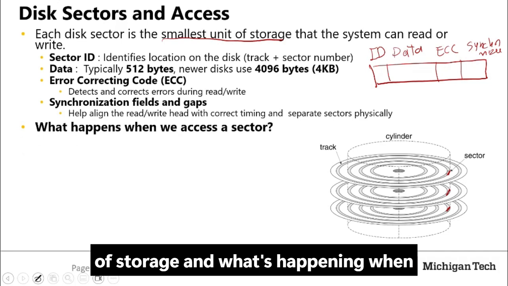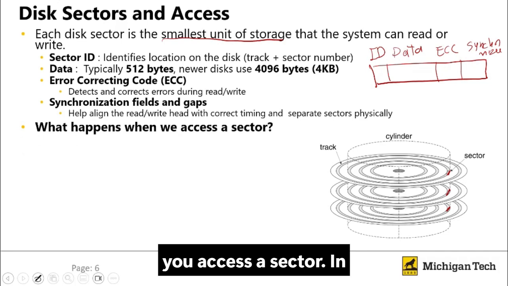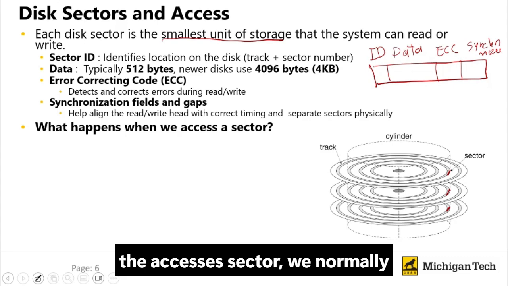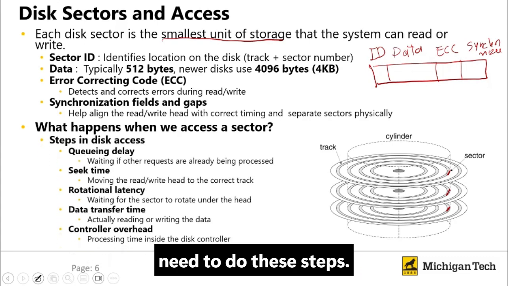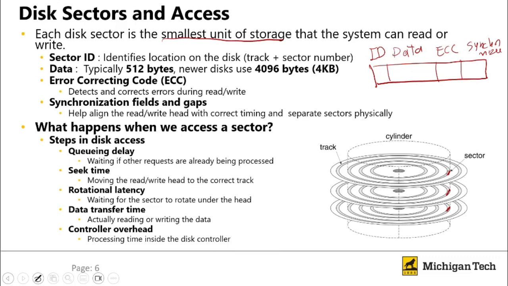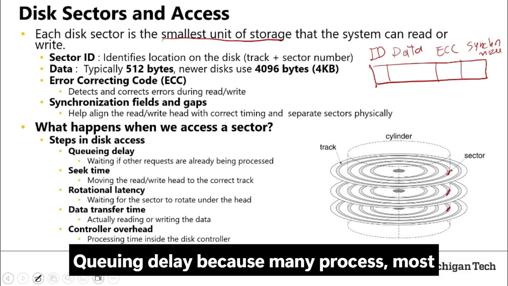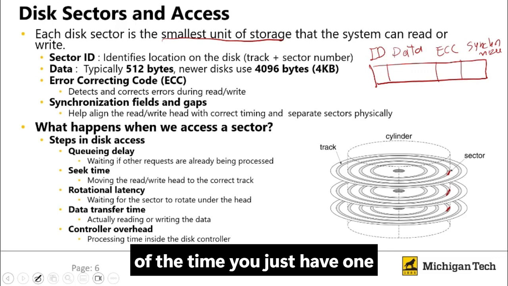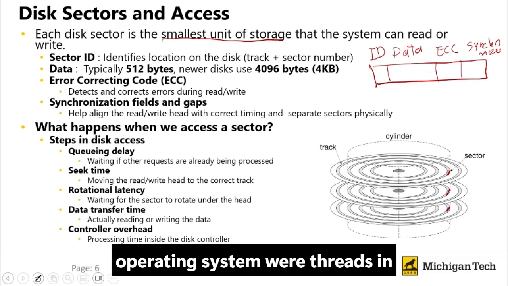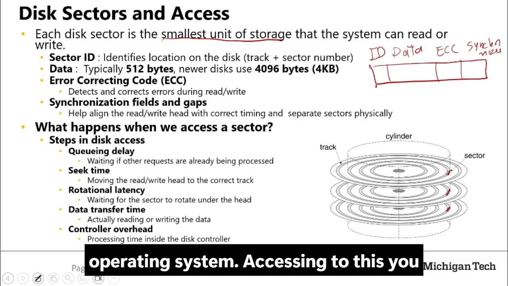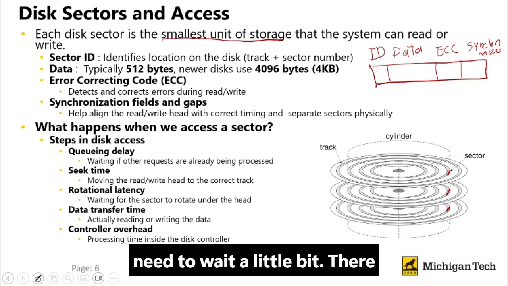And what's happening when you access a sector? When we access a sector, we normally need to do these steps. We have some queuing delay, because most of the time you just have one hard drive, and many processes or threads in the operating system accessing it.